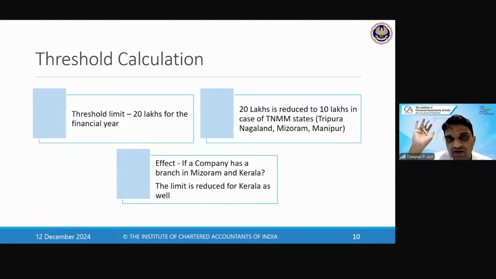So you will take registration in Mizoram. In Kerala also you will have to take, because the effect is that in any of the special category states, if your limit is reduced and you have a branch there, then that limit will apply to other states as well. So your other state limit will not hold good. The lower threshold of that special category state will apply to you also.